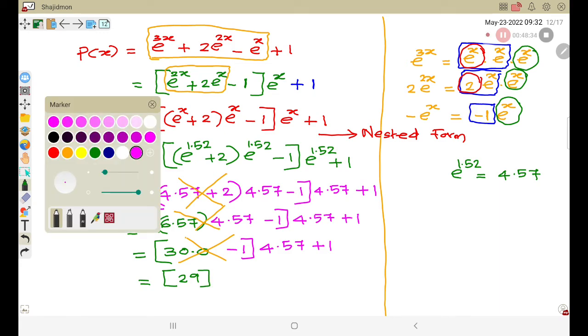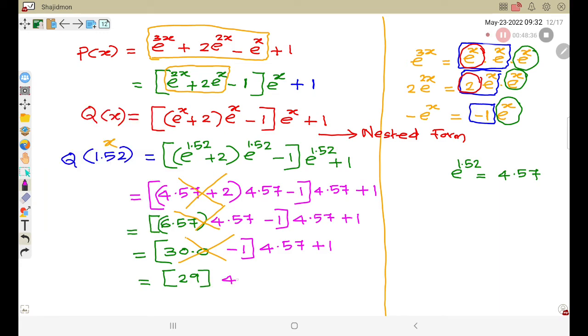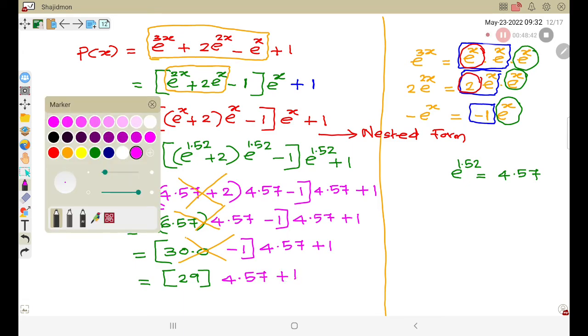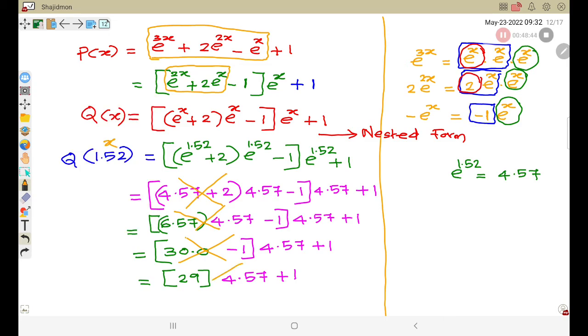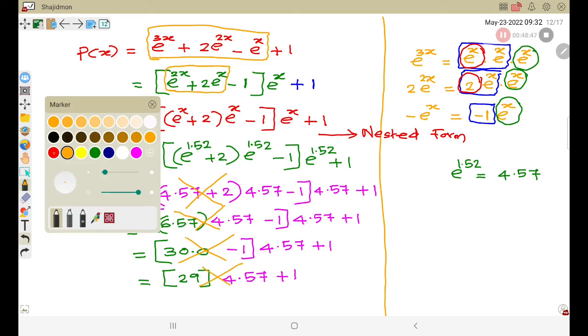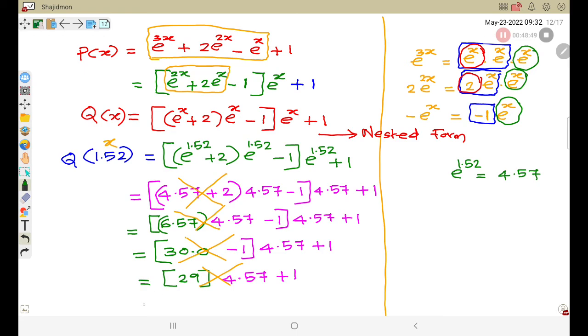All other numbers same. That means 4.57 plus 1. Again do the next to 2 number. 29 multiply 4.57. You will get 133, 3 digits rounding. 133 plus 1 same.